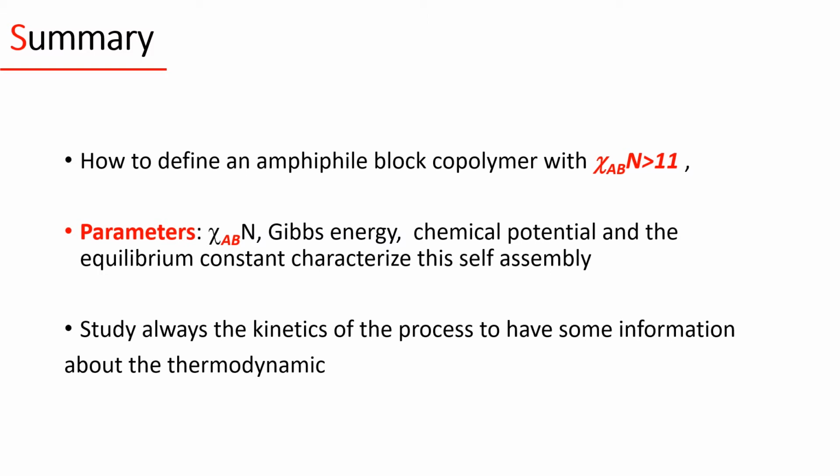Other parameters are important to define the equilibrium process: the Gibbs energy, the chemical potential, and the equilibrium constant, which all define the assembly process. Always study the kinetics of the process to have some information about the thermodynamics.